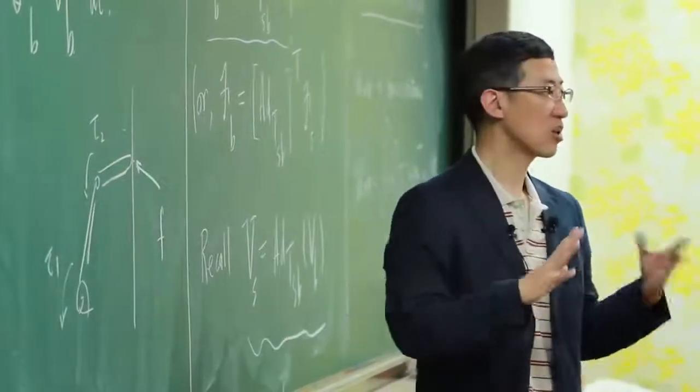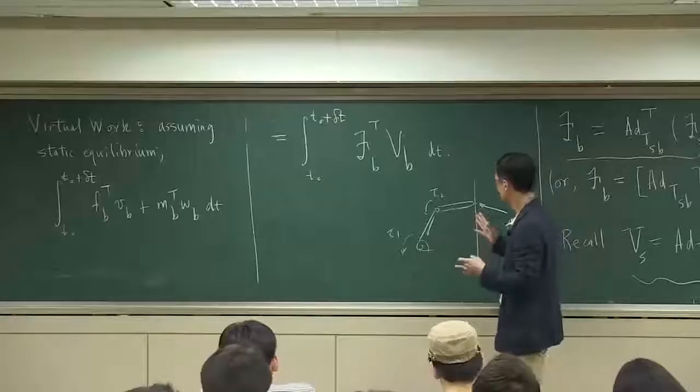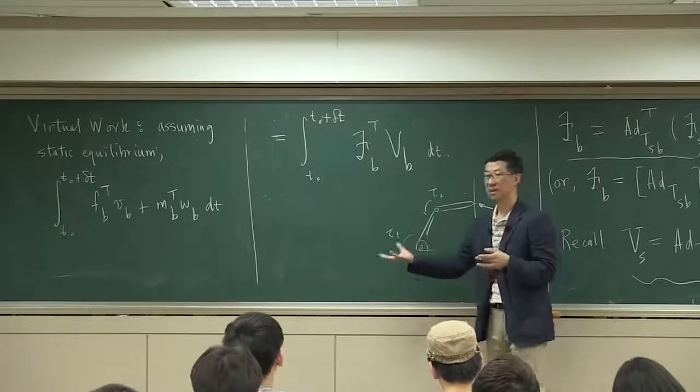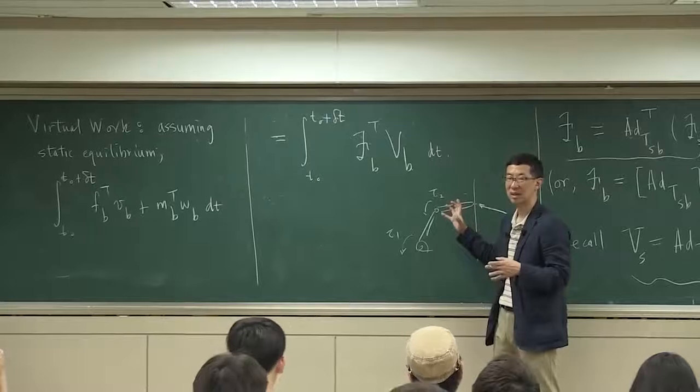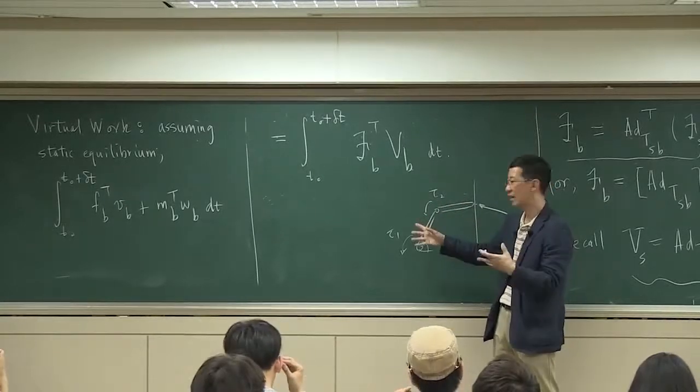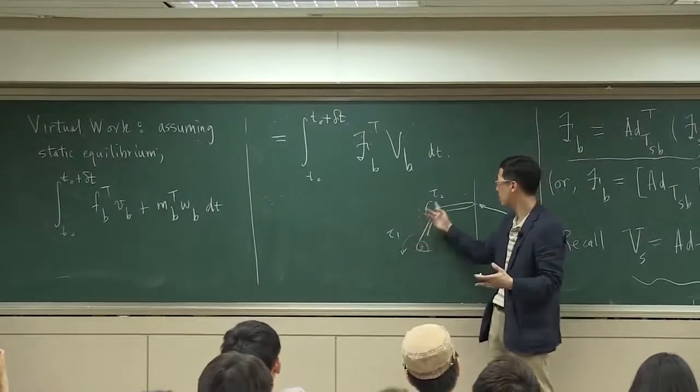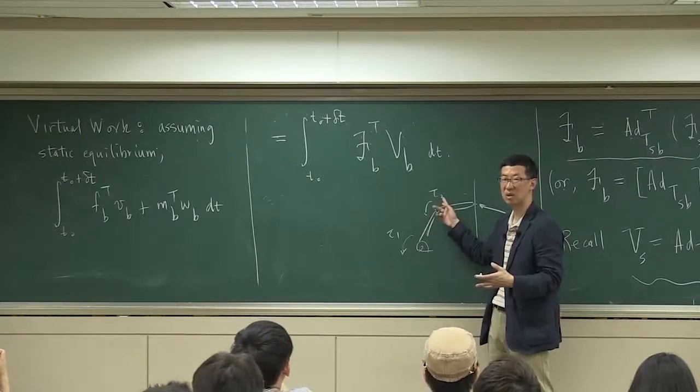So the principle of virtual work says, one way to say it is that the power in equals the power out. In this case, power in is the power generated by the torques, tau 1 and tau 2.